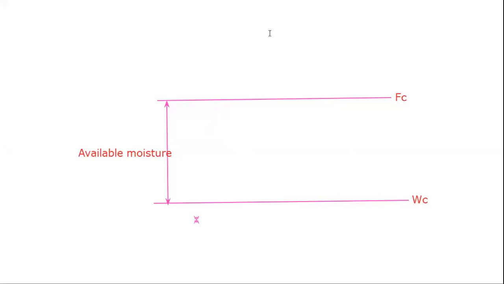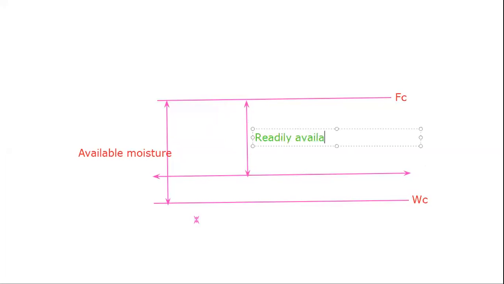Somewhere here we are assuming that the moisture in between is the readily available moisture. So the upper limit for readily available moisture is FC, and the lower limit we will consider as the optimum moisture content that we have seen, that is M0.